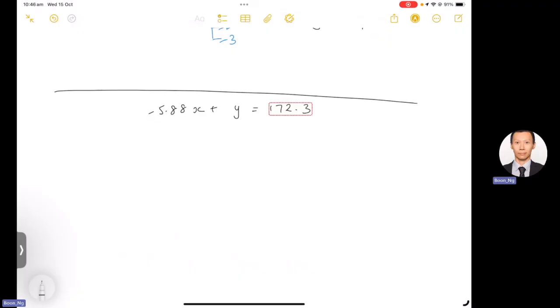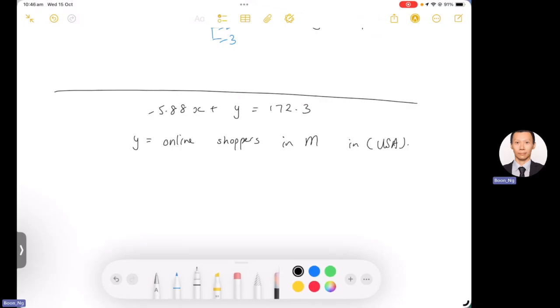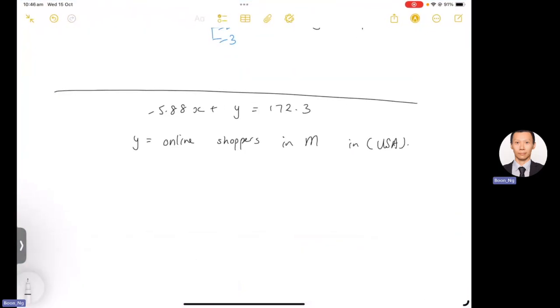And this represents the online shoppers in millions in the USA. y equals online shoppers in millions in the United States.